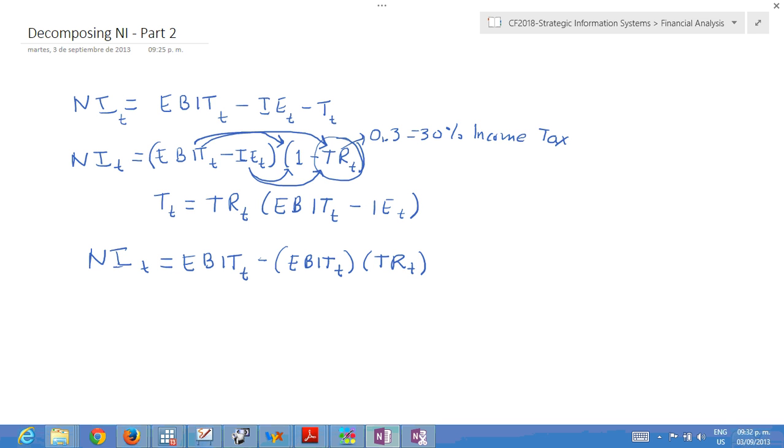Now we're gonna work with this one. It is minus, because we have minus here times a positive is minus. Interest expenses times 1 is interest expenses at time t. And the last term has a minus times minus tax rate. Then minus times minus is positive.